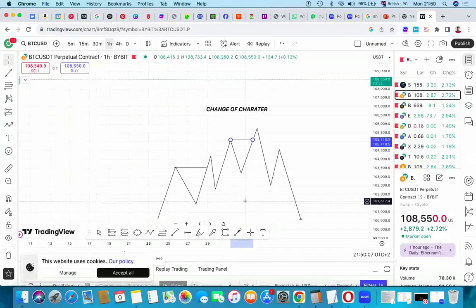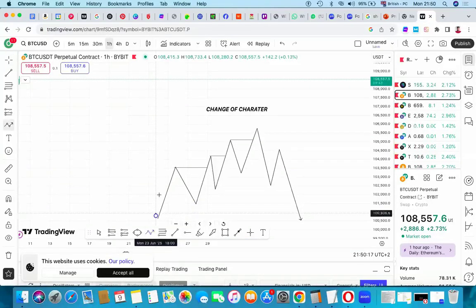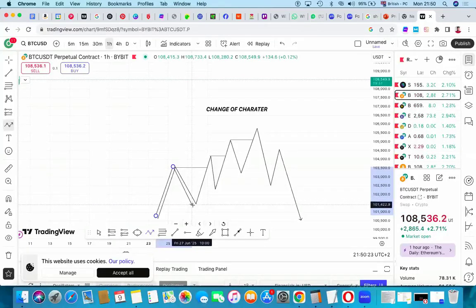For you to have a structure in an uptrend, you want to see the market break structure to the upside, creating an impulsive move to the upside and creating a pullback leg to the downside, and breaking structure right here to the upside and repeating.